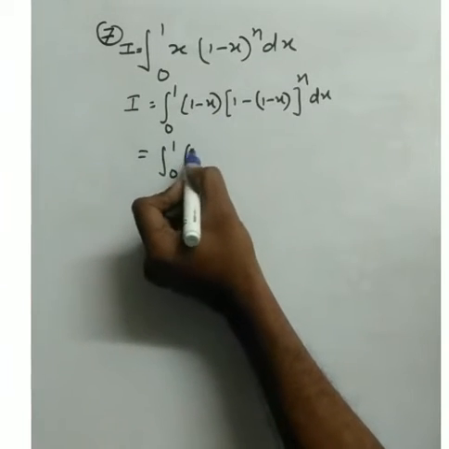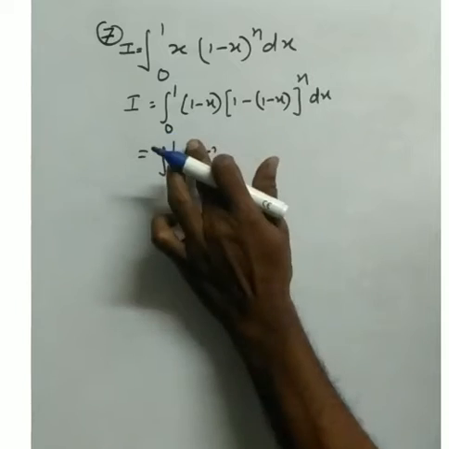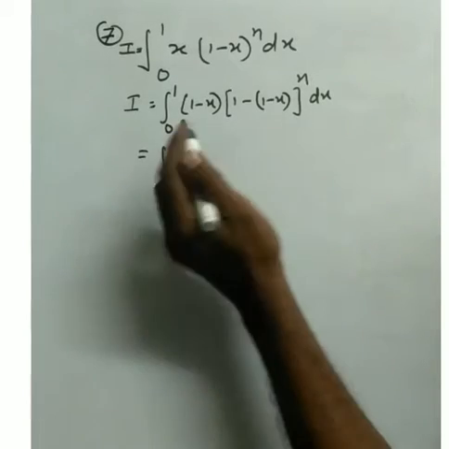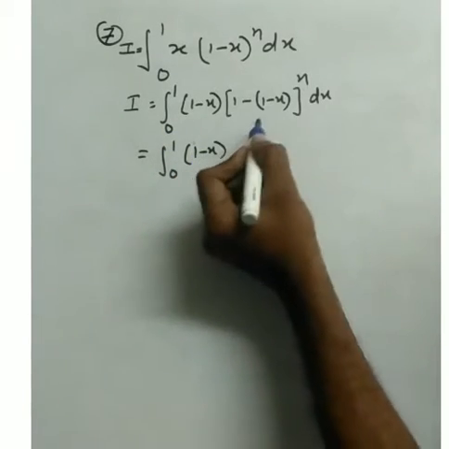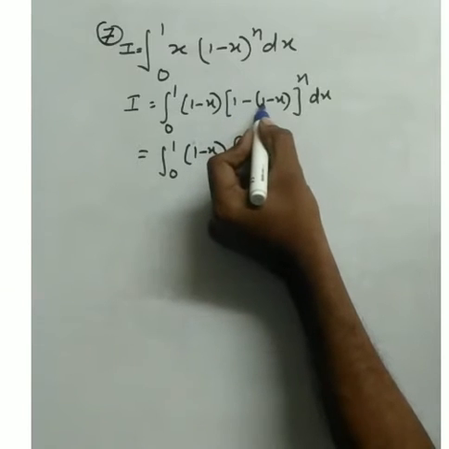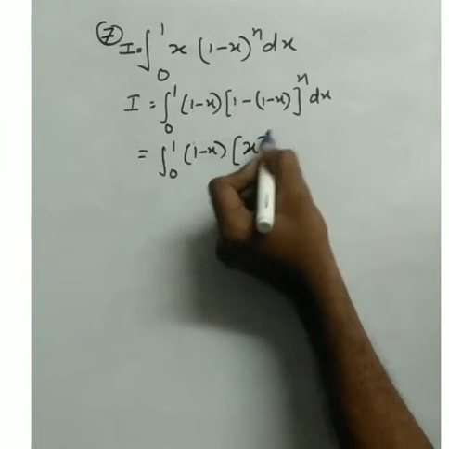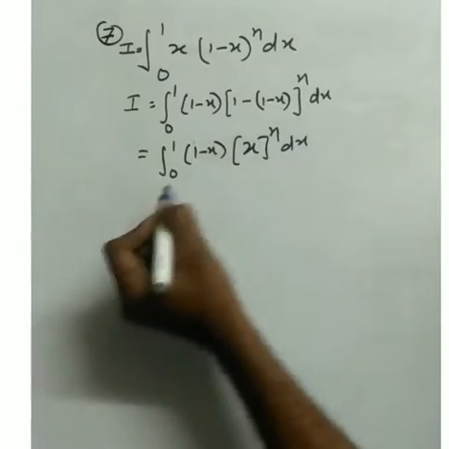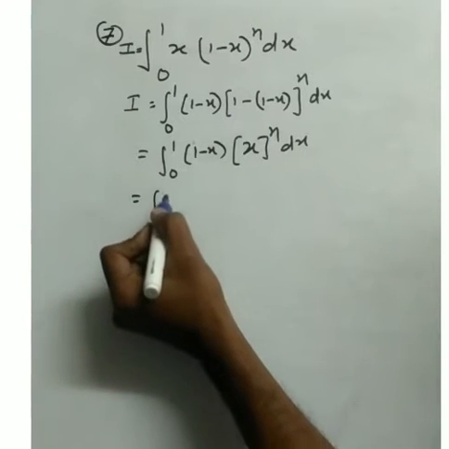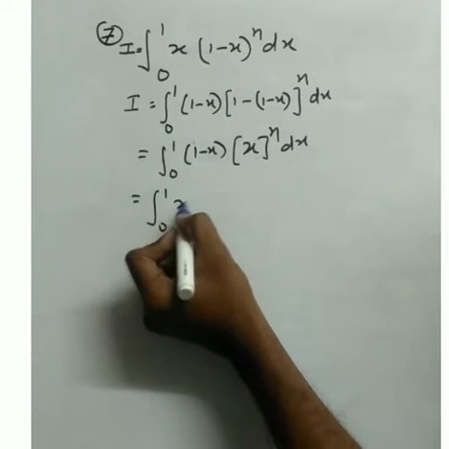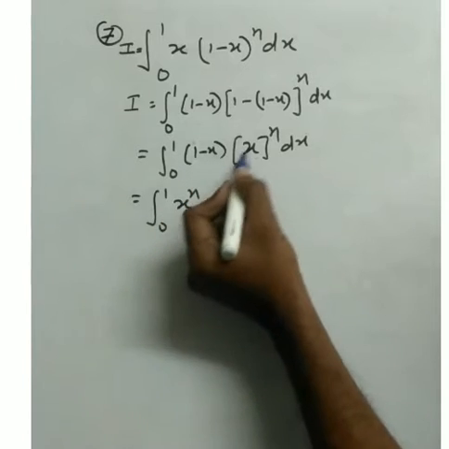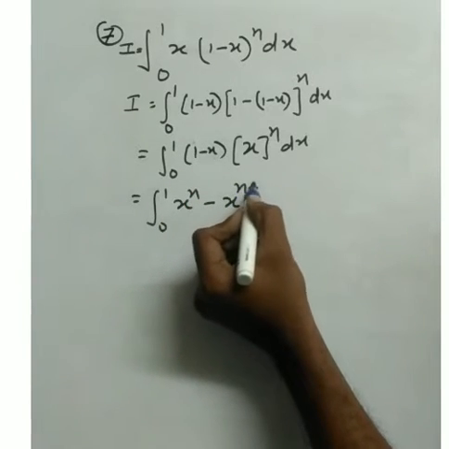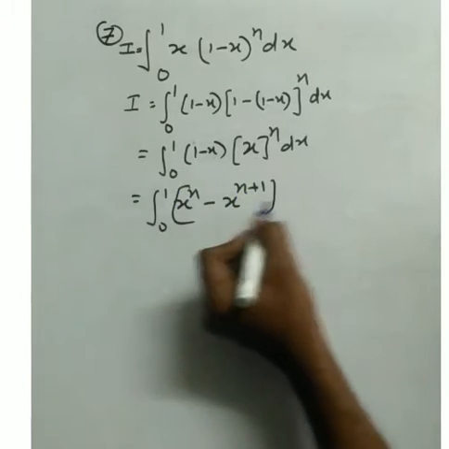Integral from 0 to 1 of 1 minus x; this is 1 minus x, and here 1 minus 1 is cancelled. So x power n and dx. Now open the bracket. 1 into this is x power n. This into this is x power n plus 1, and dx.